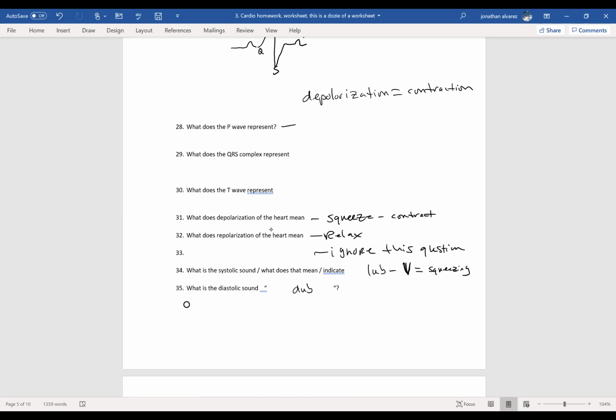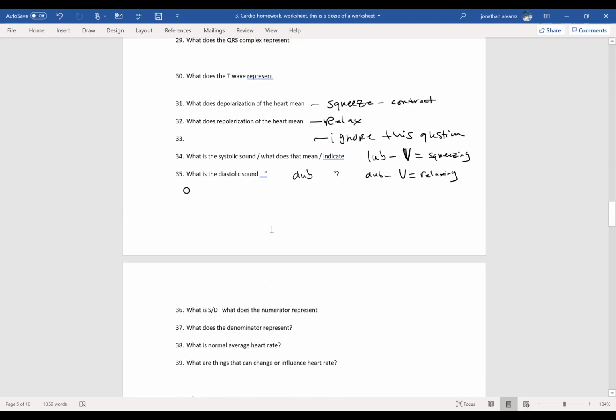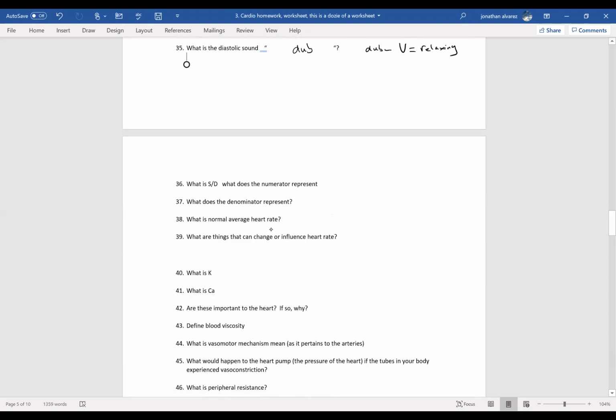And dub is where the ventricles are relaxing or repolarizing. And this is blood pressure, so like 120 over 80 would be systolic over diastolic. Diastolic is the ventricles relaxing.